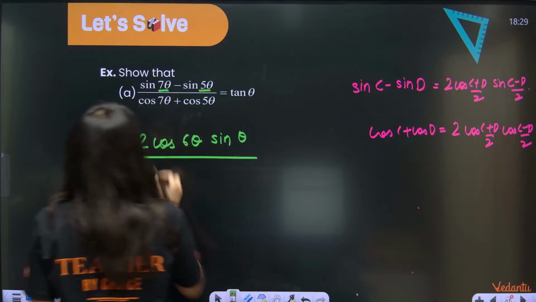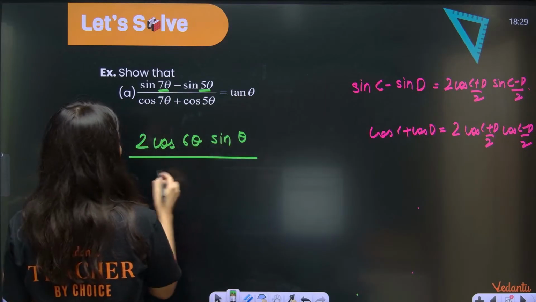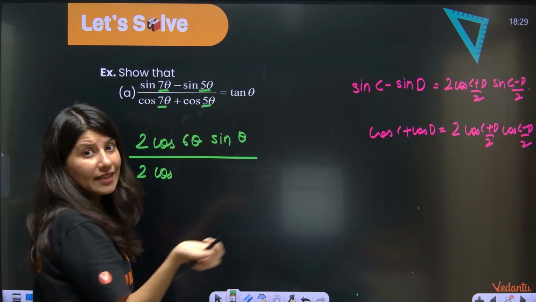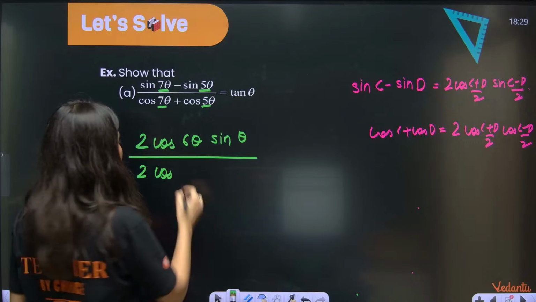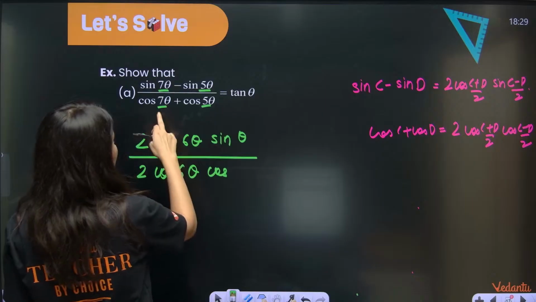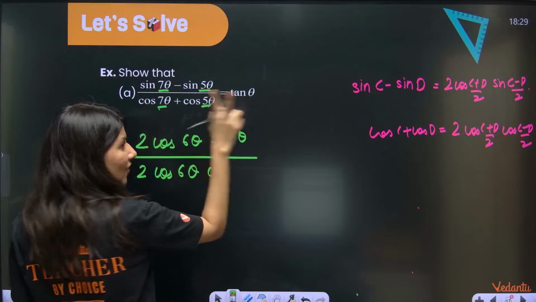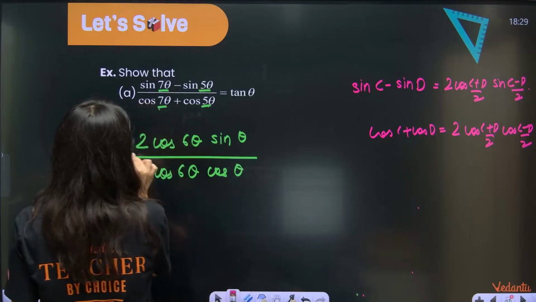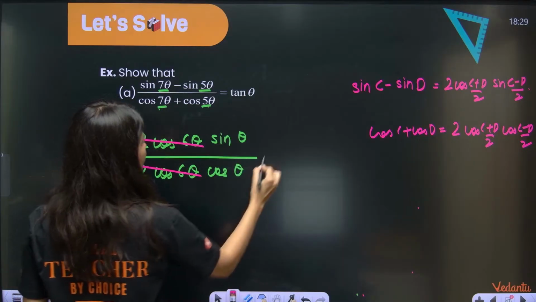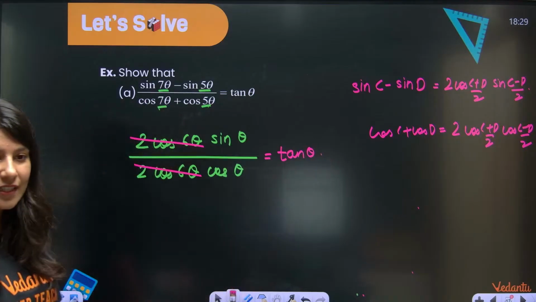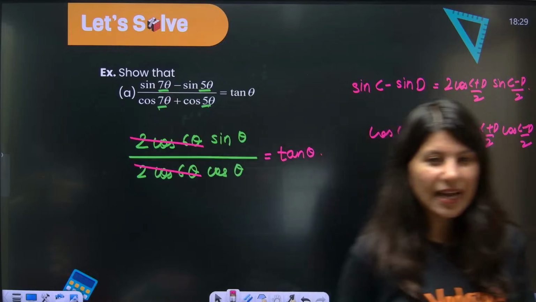Whole upon cos C plus cos D, all cos: 2 cos (C plus D)/2, which is 6 theta, and cos (C minus D)/2, which is 2 theta by 2, theta. So 2 cos 6 theta gets cancelled, and we get tan theta right away. Tell me, is it that difficult, everyone?